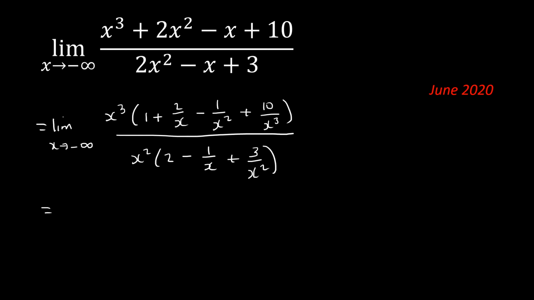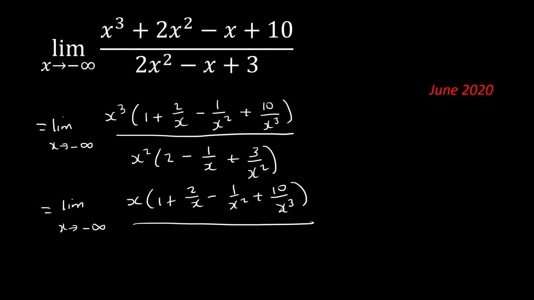So now we have to substitute. Before we substitute, we cancel our x's together so that our working can be easier. So I'll be left with x here, then everything in the bracket. At the bottom I'm left with only this bracket because your x squared was cancelled by the term in the numerator there.